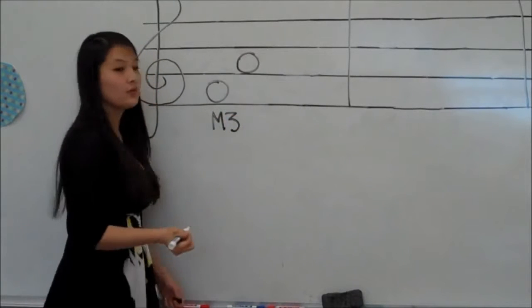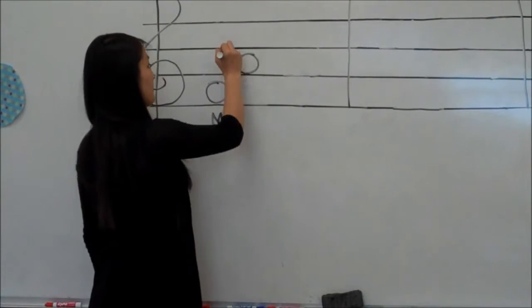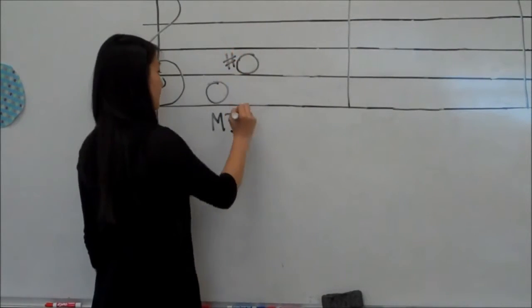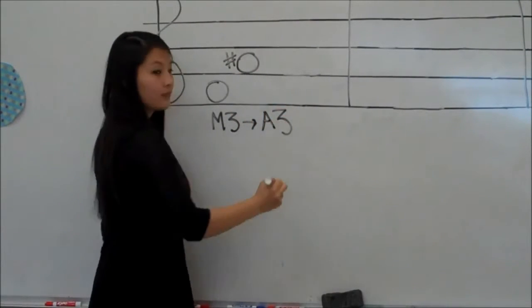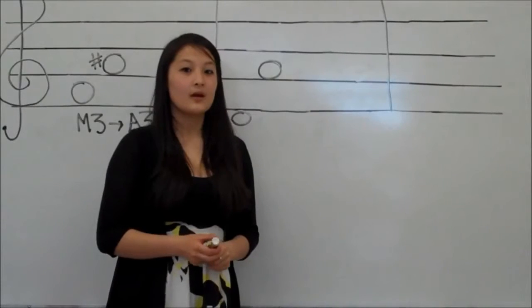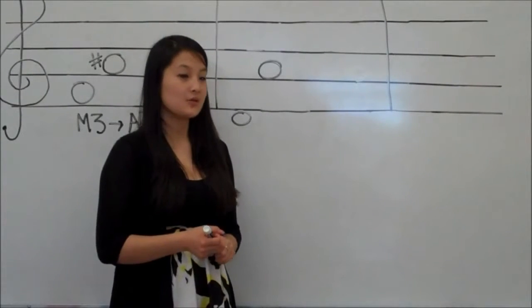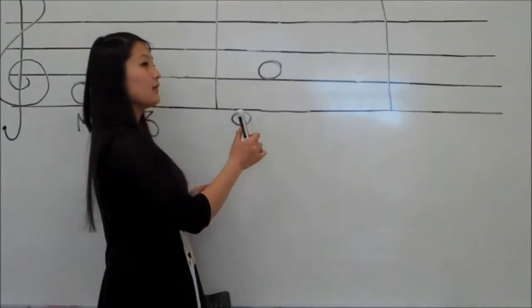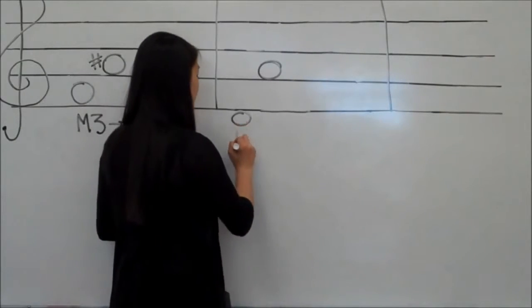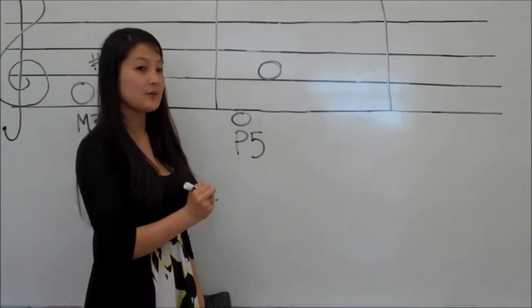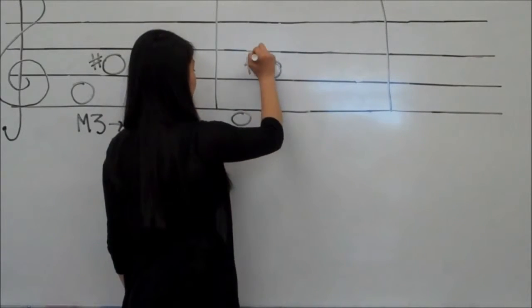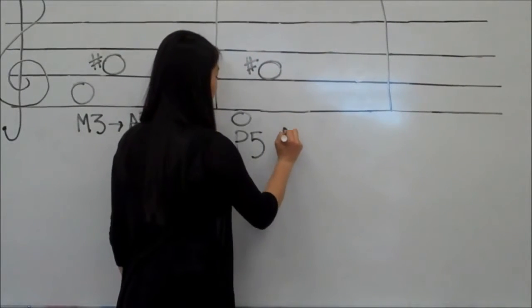But if you raise the A half a step, making it A sharp, it becomes an augmented third. Another example of an augmented interval is if we have a D going to an A, which would normally be a perfect fifth. But raising the A once again to A sharp makes it an augmented fifth.